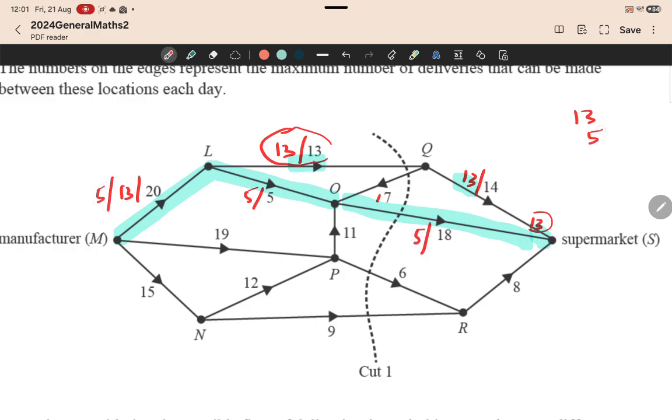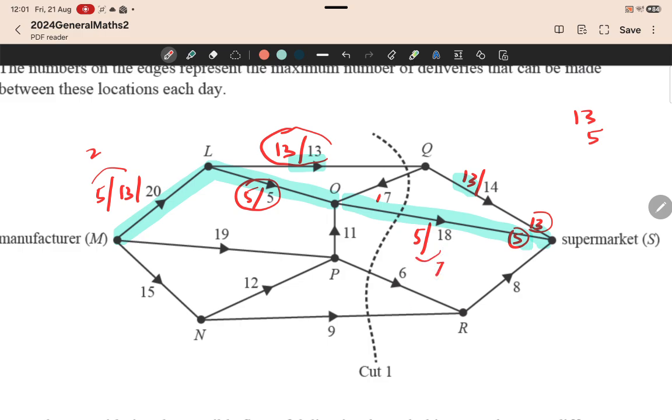So I'll write 5 here, and 5 gets through here, reaches the end. So that has now reached maximum capacity and will not allow any more deliveries. And so we still see that this is 18, so it still has a capacity of 2 that can be accommodated, and this one has a capacity of 7.